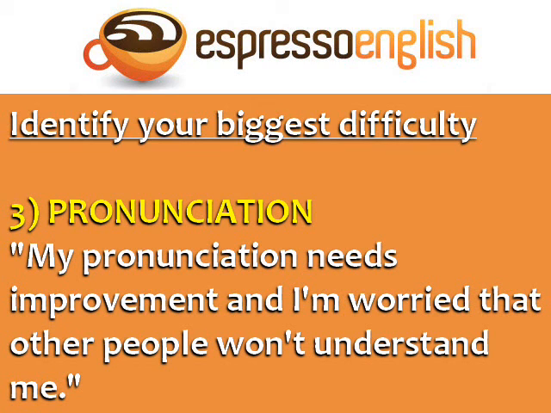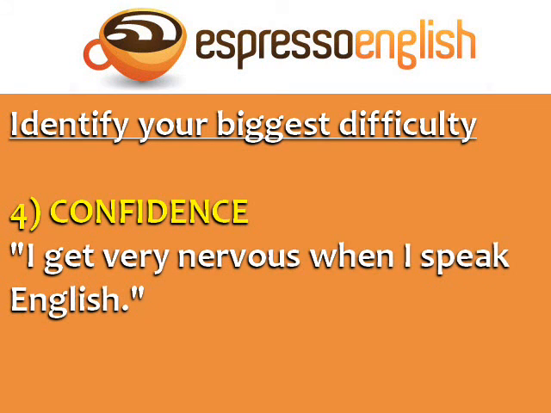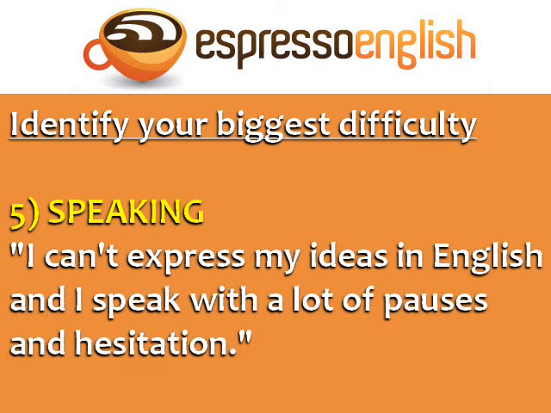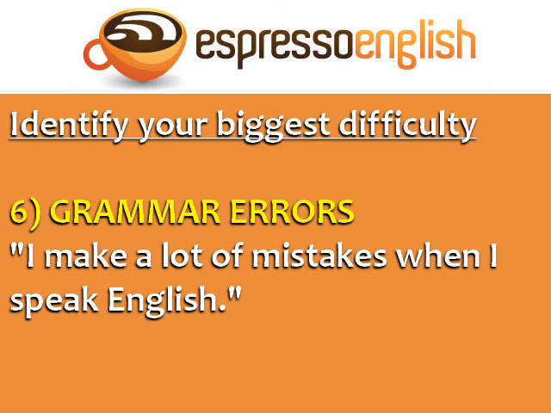My pronunciation needs improvement, and I'm worried that other people won't understand me. Confidence. I get very nervous when I speak English. Speaking. I can't express my ideas in English, and I speak with a lot of pauses and hesitation. Grammar errors. I make a lot of mistakes when I speak English.